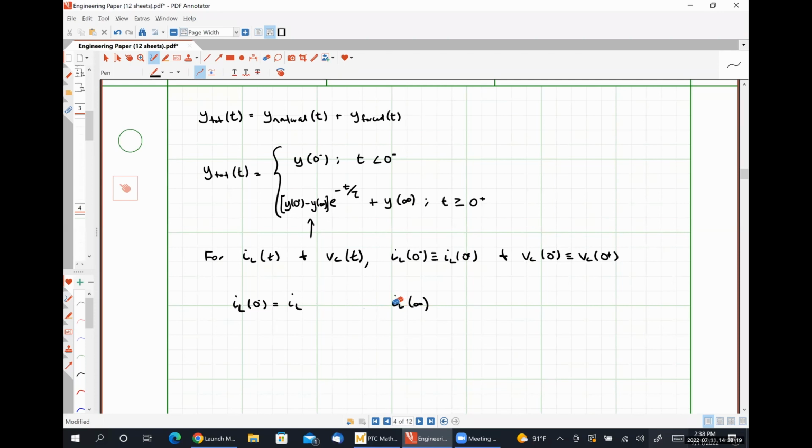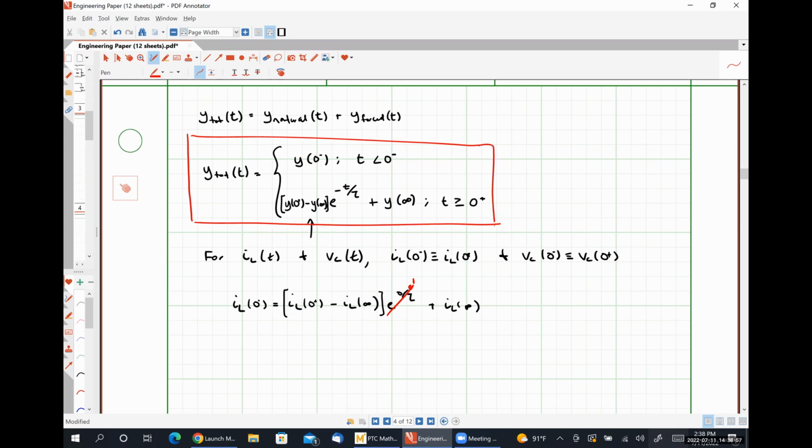If we change this expression, it forces our function to be continuous as this goes to 1. Okay, so this right here is our new generic expression.